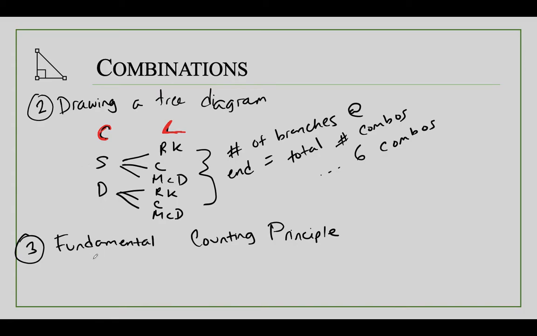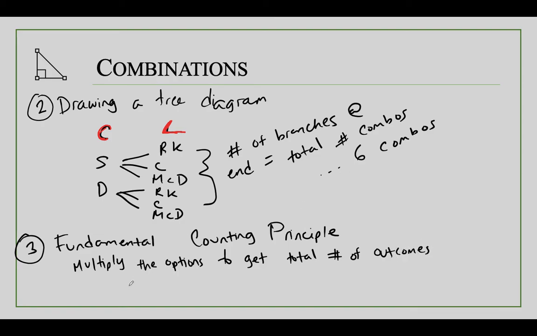You are going to multiply the options to get the total number of outcomes.